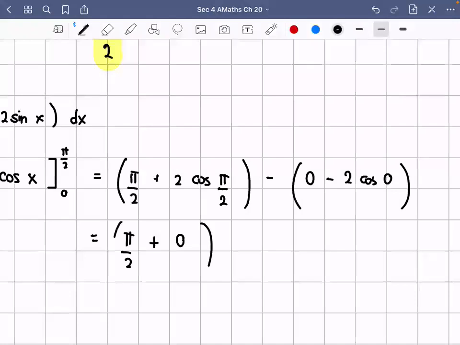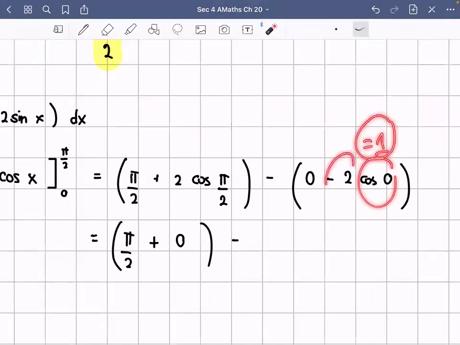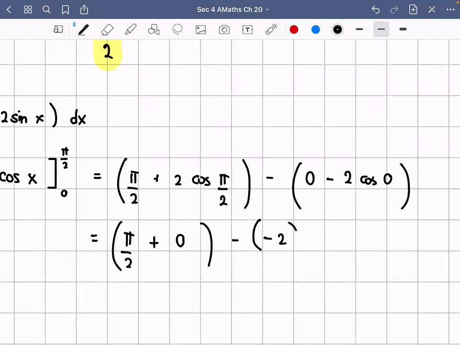And then minus, what is this? Negative 2 cosine 0 again. So this is minus negative 2, because cosine 0 is equal to 1. So 1 times negative 2 is negative 2. Okay, let me just write it as a minus 2.